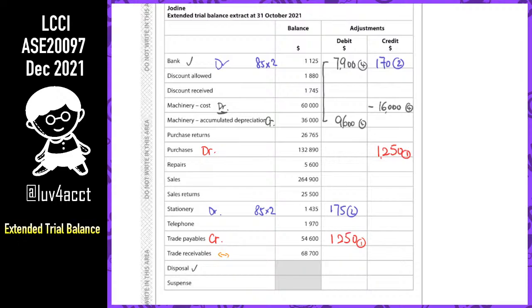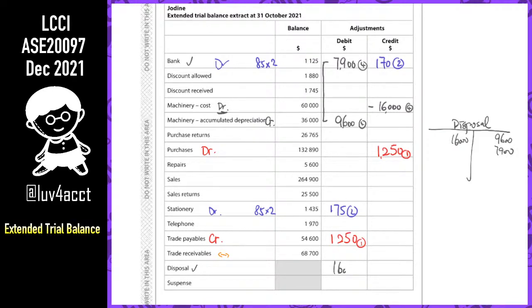It is just like you working on a disposal account. Disposal, you will have 16,000 here, 9,600, 7,900. So this adjustment column of the disposal item will just act like this ledger account.